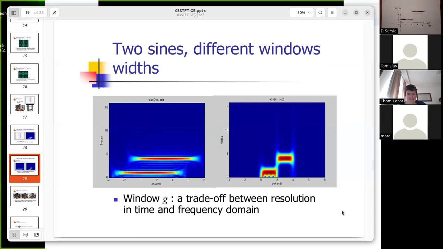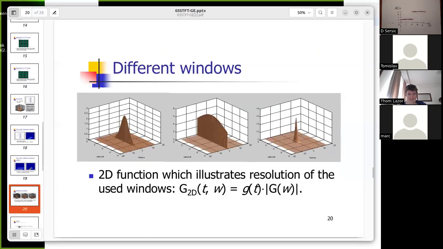So if I just multiply the modulus of g in the time domain and the modulus of capital G in the frequency domain, we can see our analysis space represented by that product. And yes, if you squeeze one axis, the other one will be widened.